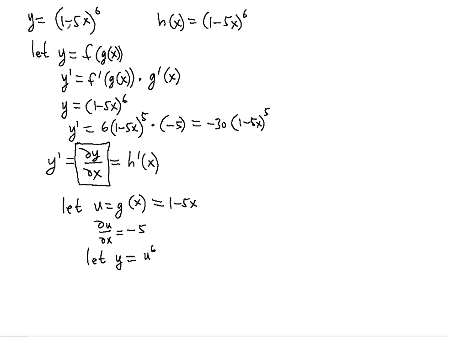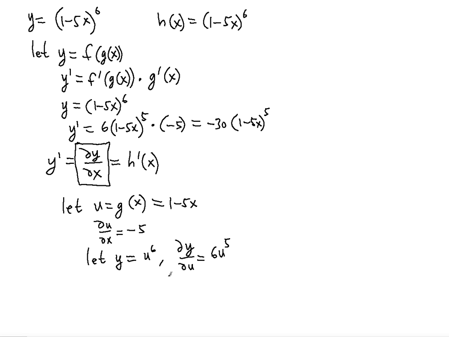So I'm treating 1 minus 5x as the u. And now dy du will be equal to 6u to the 5th power, because I'm just using the power rule. 6 goes as the constant and the power of u decreases by 1.